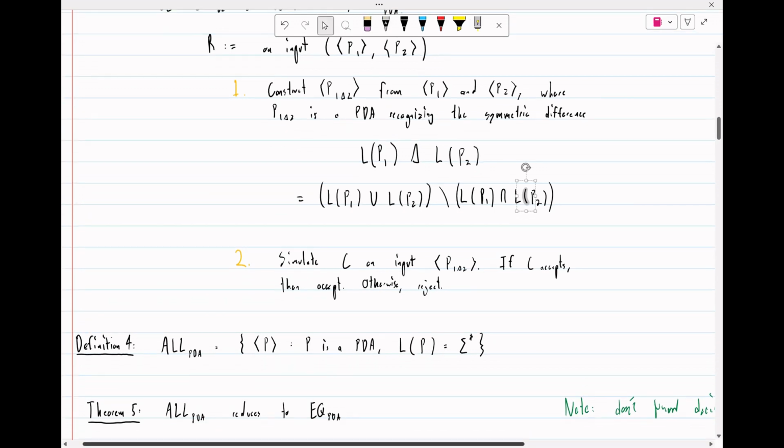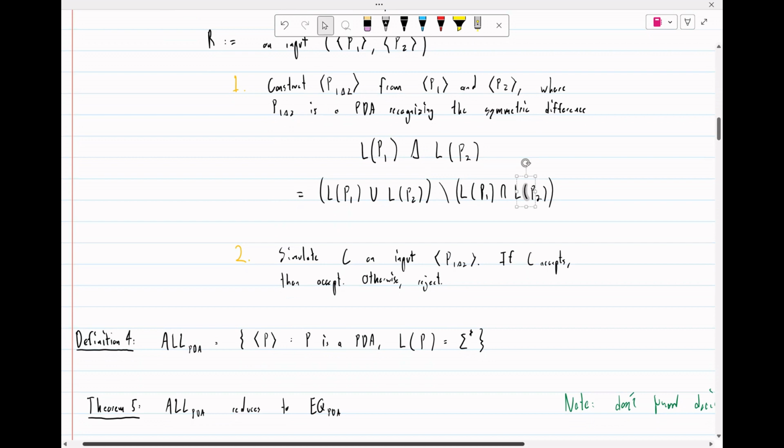And that's important because we can give a reduction from ALL PDA to EQ PDA. So if we can show this is undecidable, and we can show this reduces to this, then I have proved that EQ PDA must be undecidable, right?